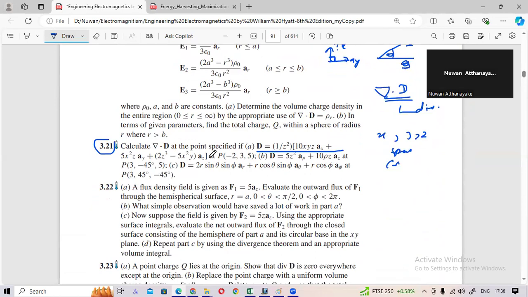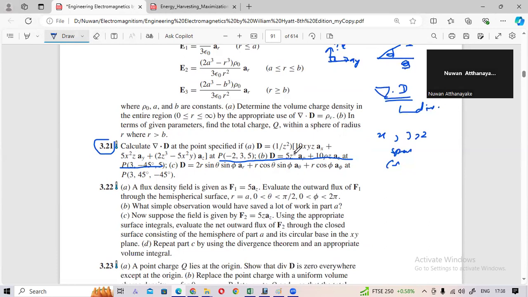For this vector, you have to evaluate the divergence in rectangular coordinates, this one in spherical coordinates, r theta phi, and this one is given in cylindrical coordinates, rho phi z.